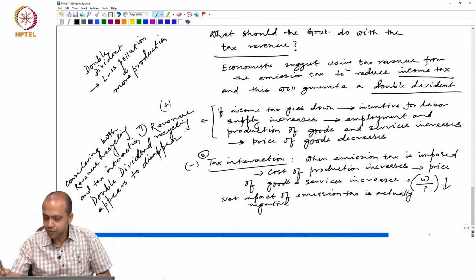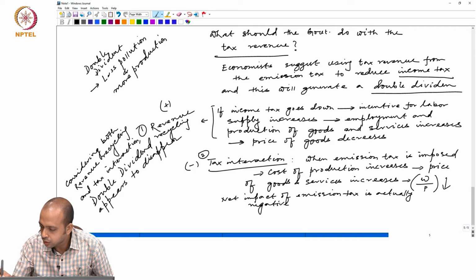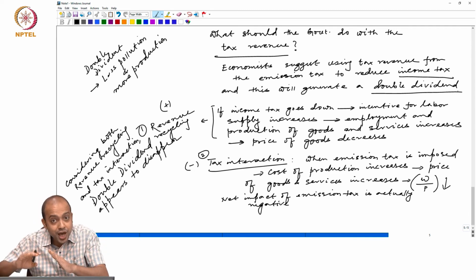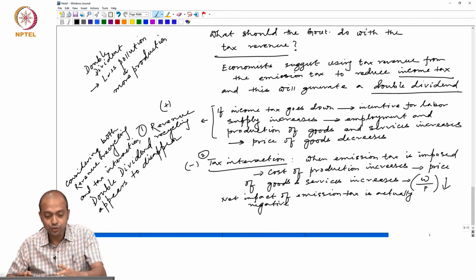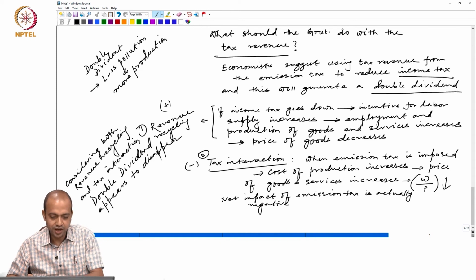Okay, this double dividend, what the economists suggested earlier, actually appears to disappear when we consider this revenue recycling and tax interaction effect.